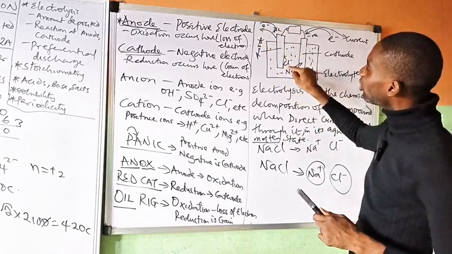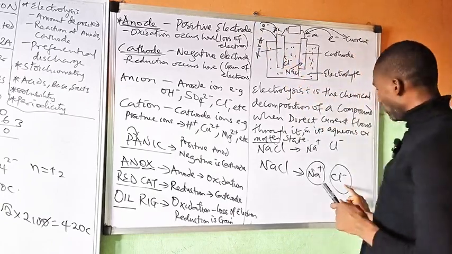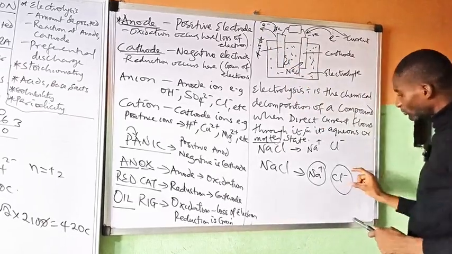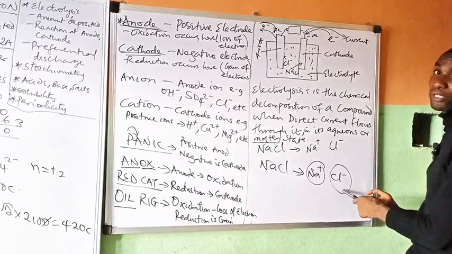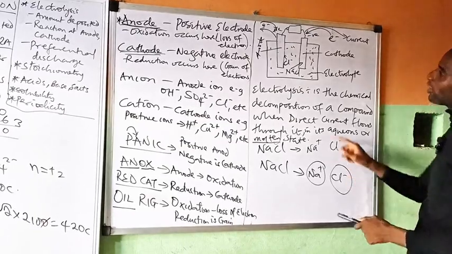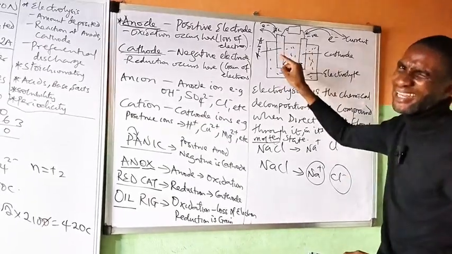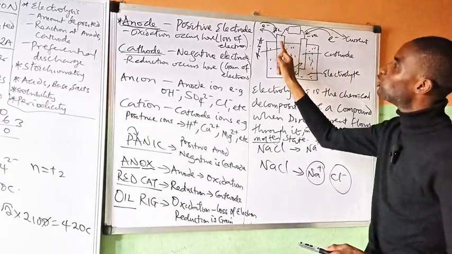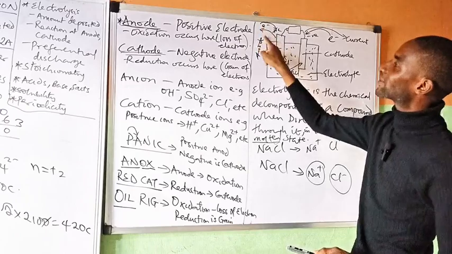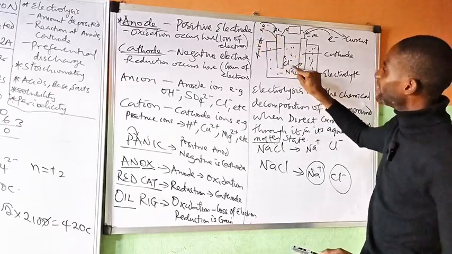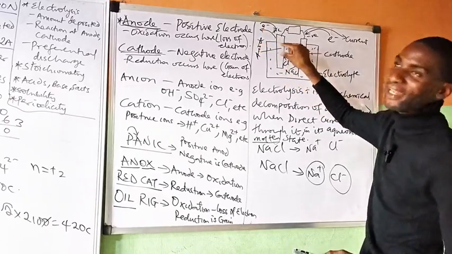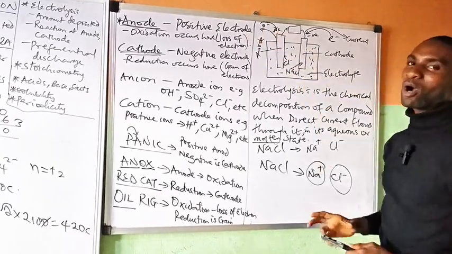So what is this chlorine coming here to do? This Cl minus means it's carrying an excess electron. So it will come here to deposit the electron. You remember this is the gate through which electrons exit. Electrons are coming out. So this ion is coming here to deposit electrons so that the electrons can go out.